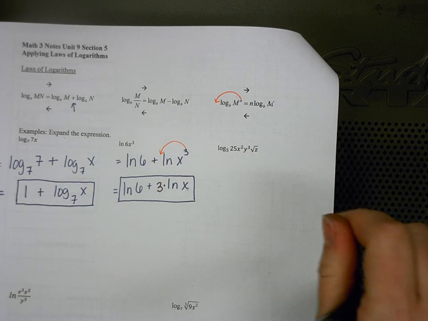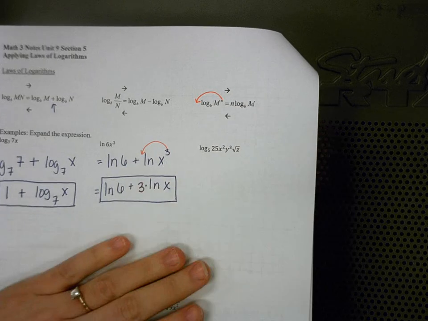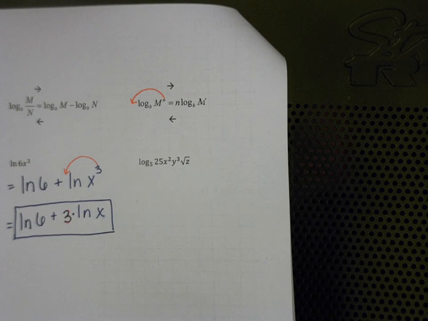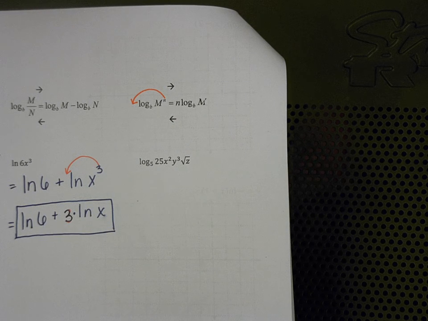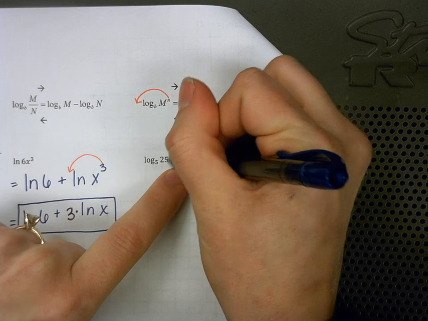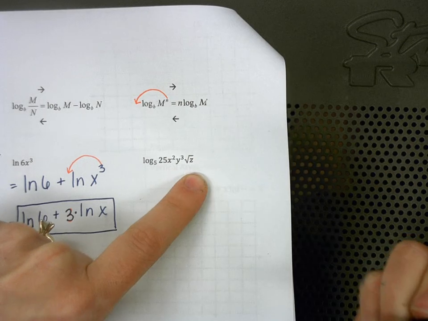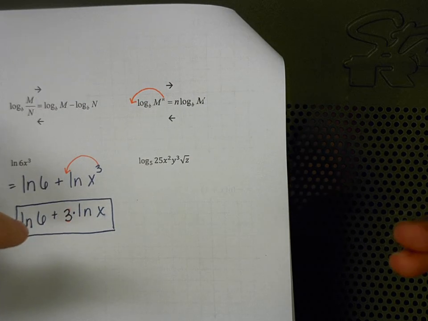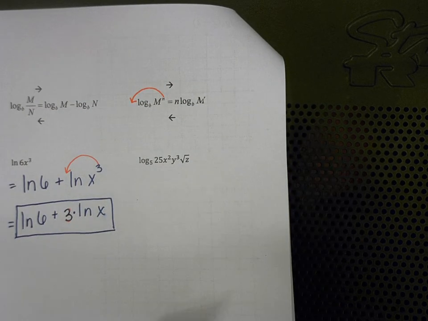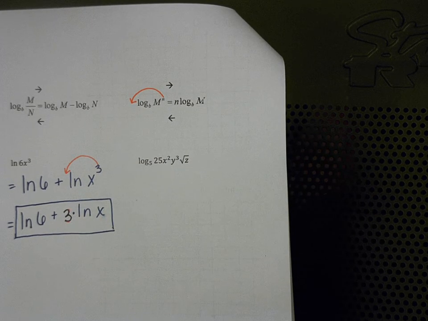All right. Now I have a lot going on in this next one. So I'm going to write smaller and zoom in more. Let's see, how many different things are being multiplied together on this problem? 25 is being multiplied by x squared, which is being multiplied by y cubed, and also being multiplied by square root of z. So there's 4 different things, which means I should be separating them out all by addition and have 4 terms.